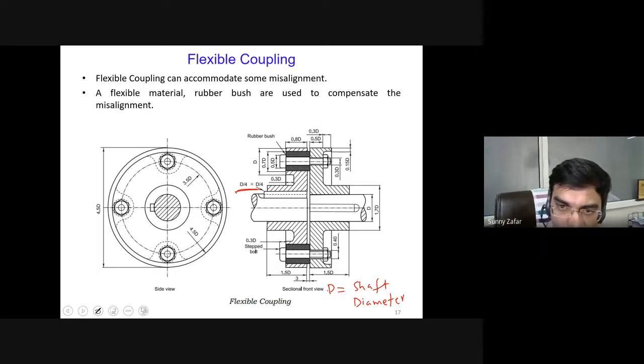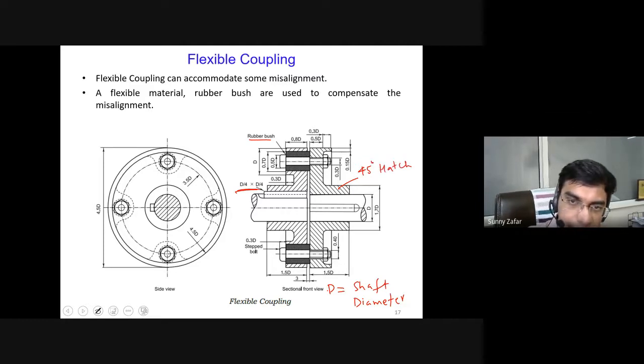Here the bolt is passing through this flexible material. Now since this is a rubber bush, if you remember our beginning slides, in that slide we had discussed how different cross sections made up of metals and non-metals are shown on the drawing. The metals are typically shown by this hatched pattern, a 45-degree hatch pattern.